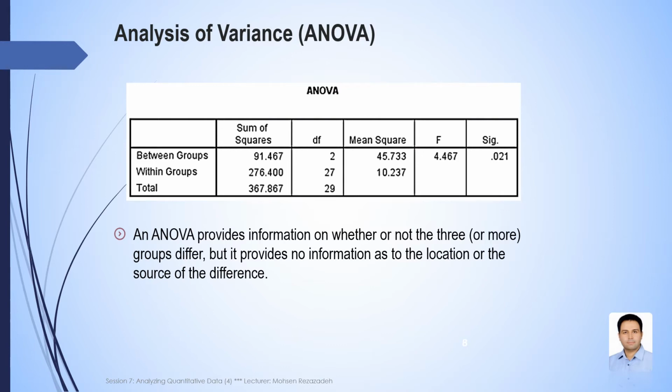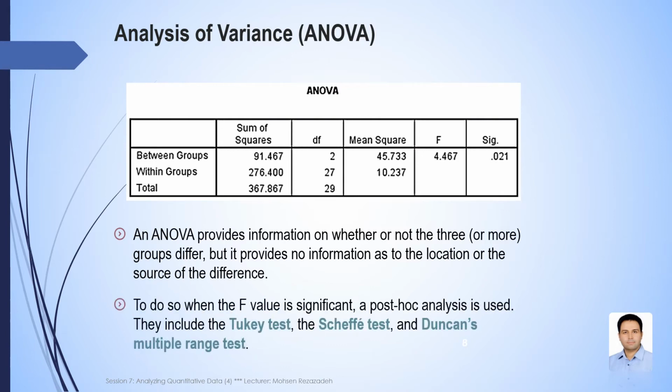So we in fact need another test to find this kind of information. To do so, when the F value is significant, like in this table, a post hoc analysis is required. We have different post hoc tests, for example, Tukey, Scheffé, and Duncan's multiple range test.